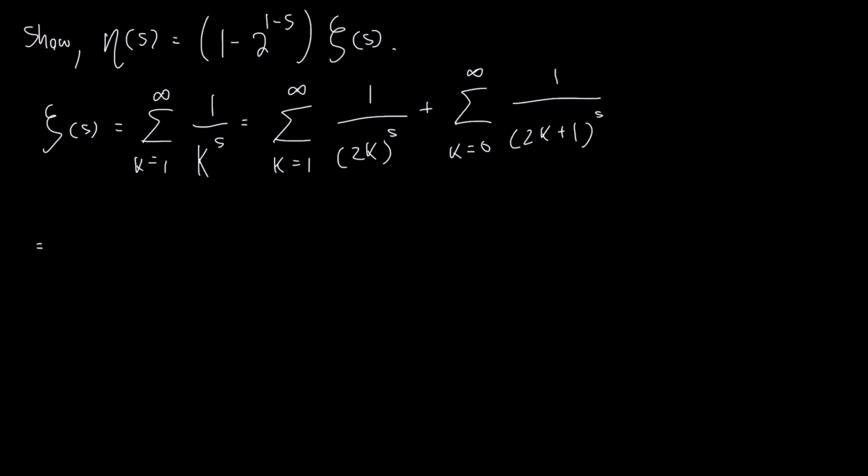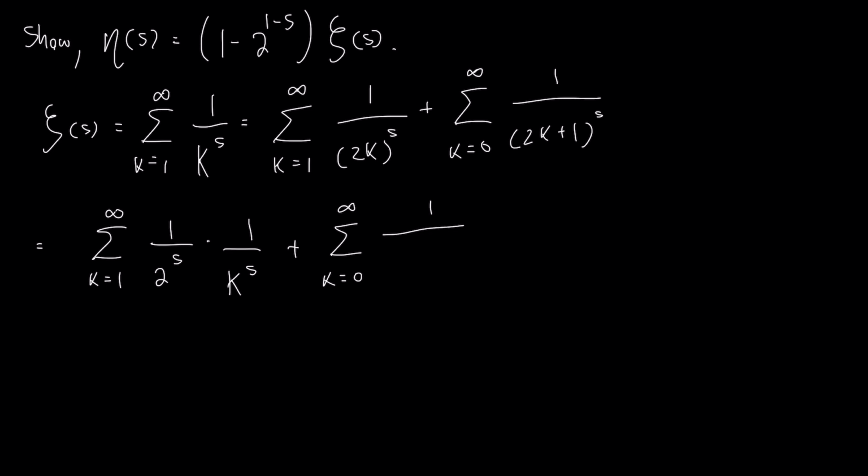So this is equal to the sum from 1 to infinity, 1 over 2 to the s times 1 over k to the s, and plus the sum from 0 to infinity, 1 over 2k plus 1 to the s power.